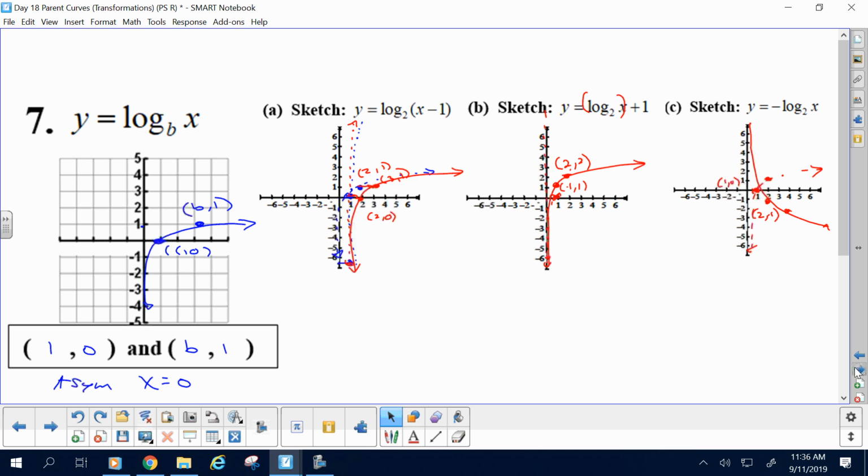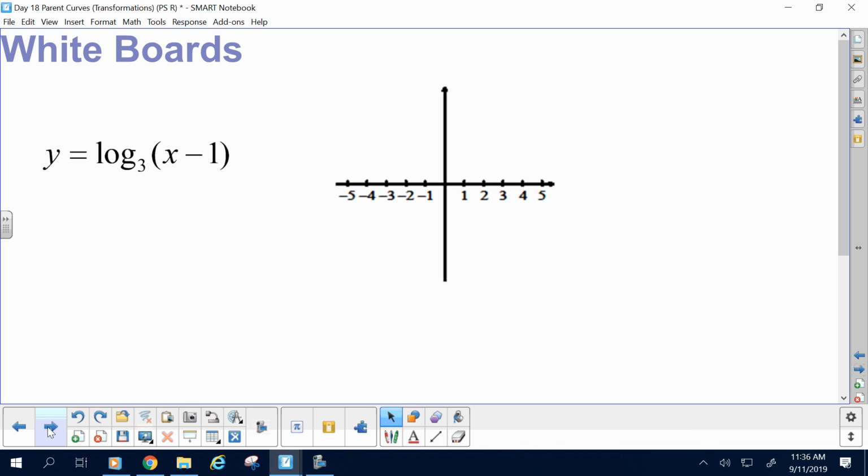All right, let's see how you do. Try this on the whiteboard. Y equals log base 3 of x minus 1.